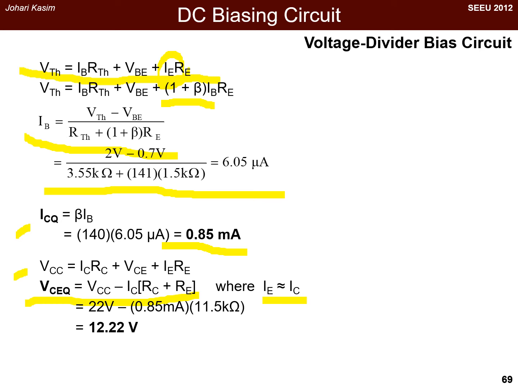Then you get VCE equal to 12.22 volt. So the Q point is IBQ equal to 6.05 microampere, ICQ equal to 0.85 milliampere, and VCEQ equal to 12.22 volt.